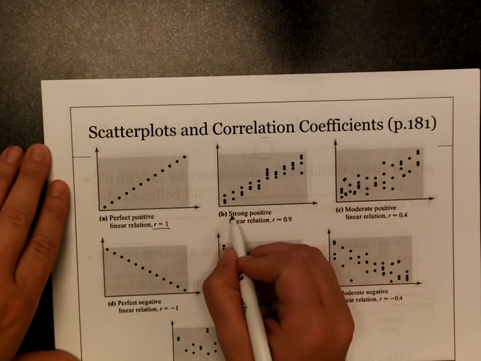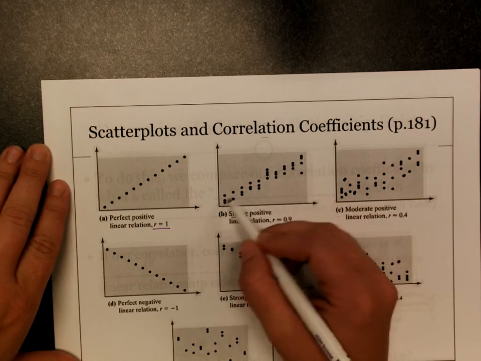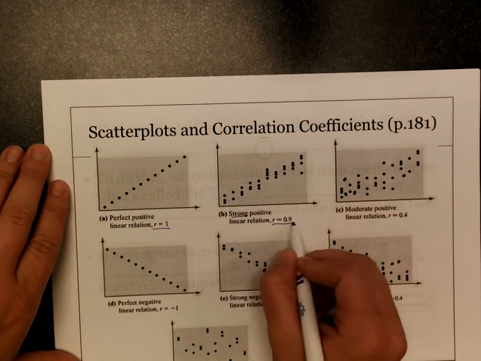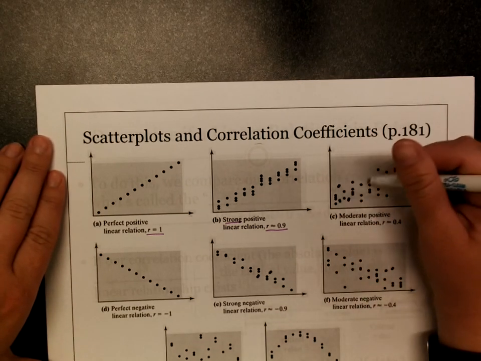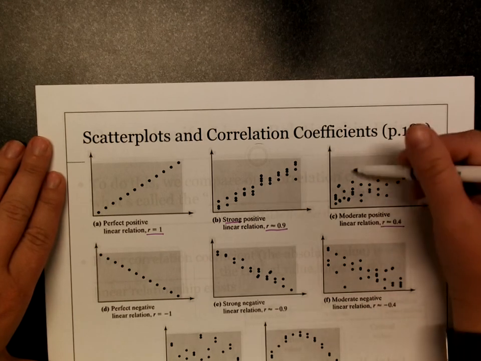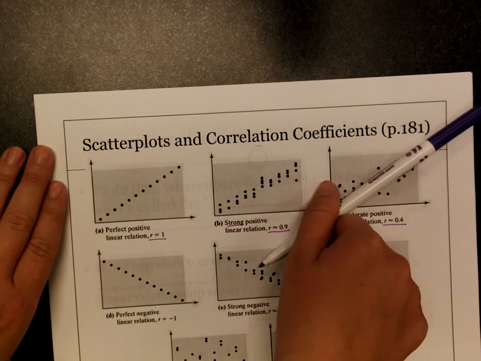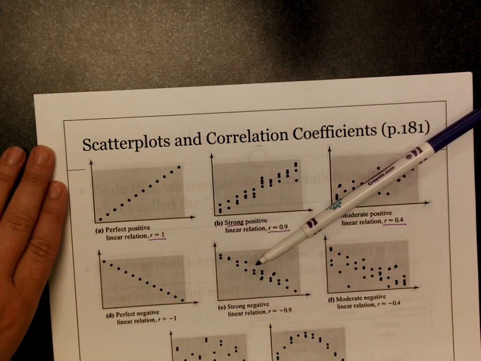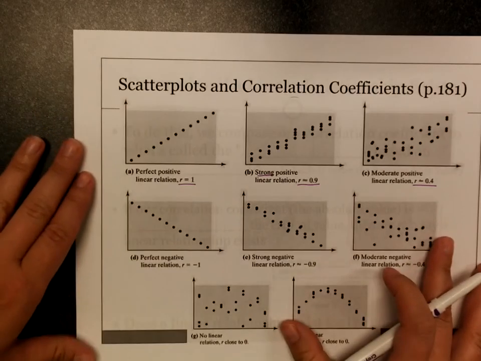This has a strong positive linear relationship. Those points are fairly lined up, so R is pretty close to 1. This is a moderate one. It's kind of all over the place. Notice the R value is much lower because the scatter plot's a little jumpy, although if you take your pencil, it's still roughly a positive linear relationship.